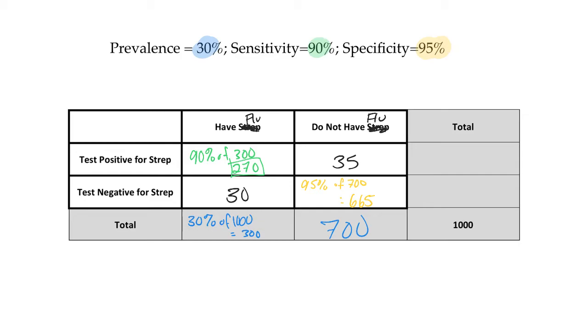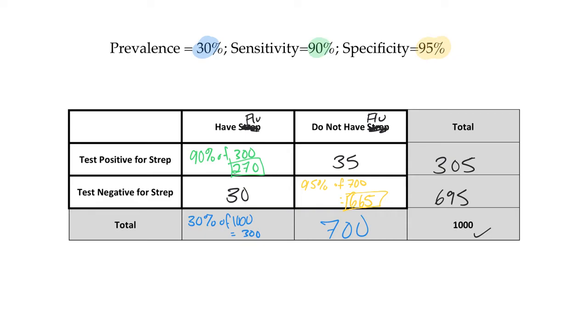So we would get 270 plus 35, 305, and then 665 plus 30, which would be 695. And so if you add those two numbers together, we do get our 1,000 that we wanted. So we have all of the numbers that would go inside this table and allows us to finish answering those particular questions.